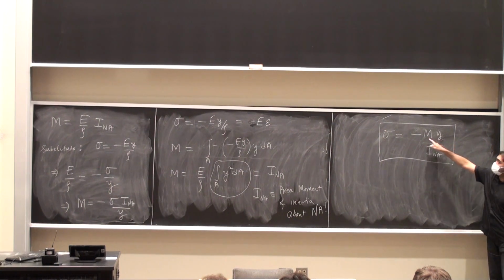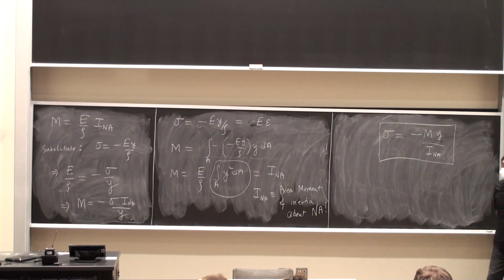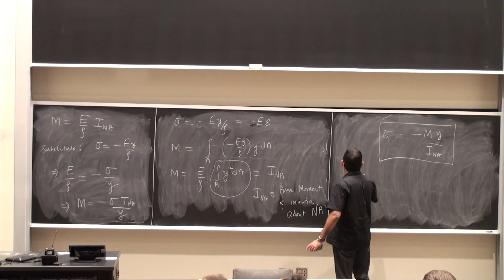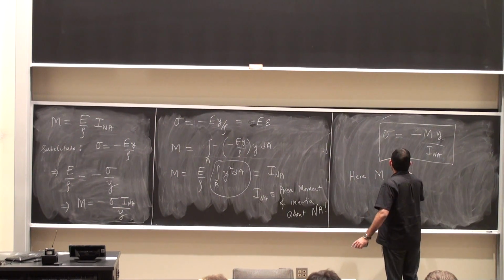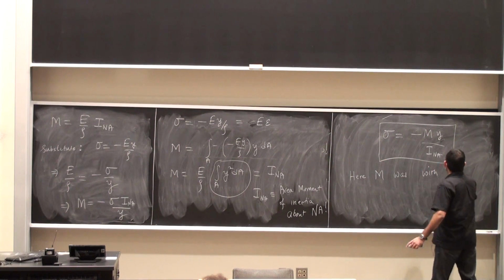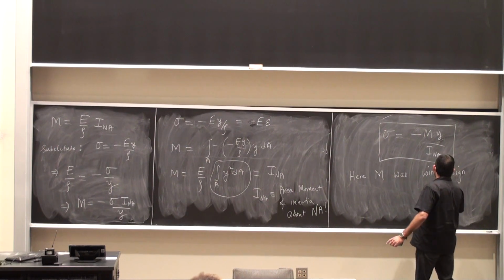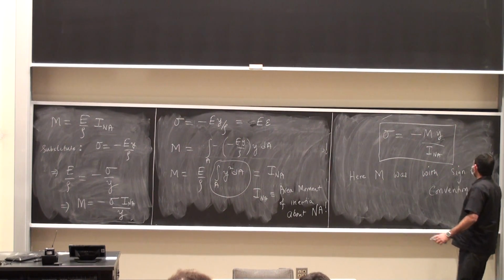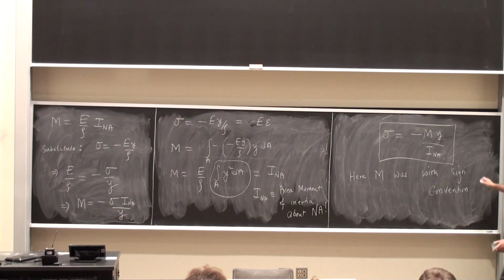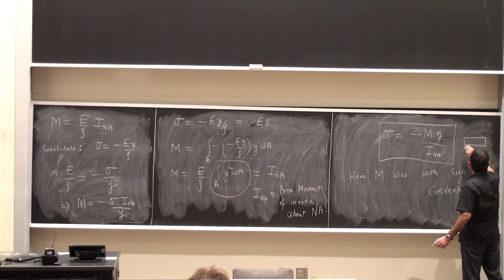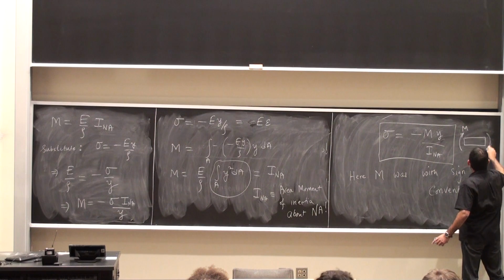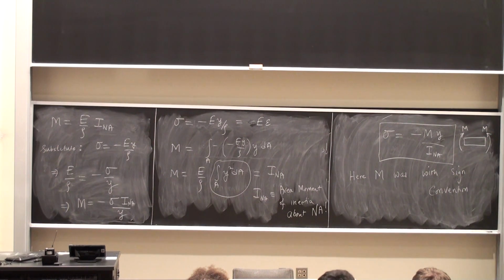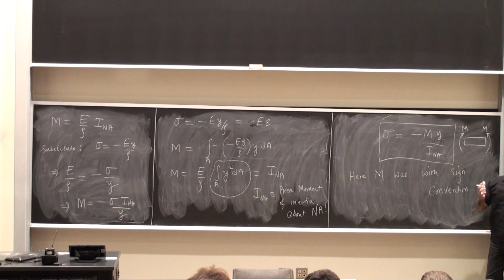M is the bending moment. When I consider the bending moment here, this M was applied in accordance with the sign convention. If I flip the direction of M so that I am not in accordance with the sign convention, then the negative sign will go off because my moment is now negative.